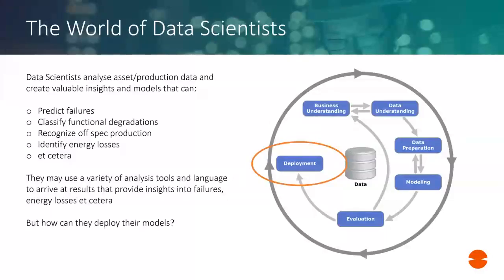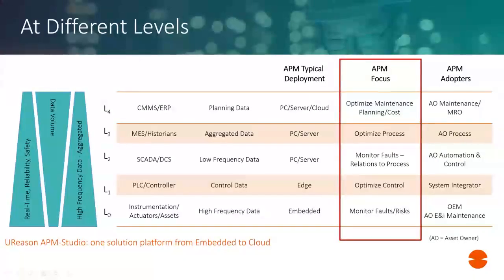Let me just show you this slide again. APM can run at different levels. At level 0, embedded, if there's sufficient compute power on an asset, instrumentation, actuator, pump, filter, etc., then we can run embedded.